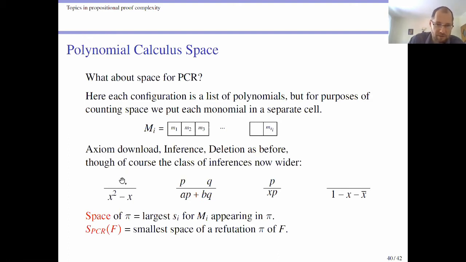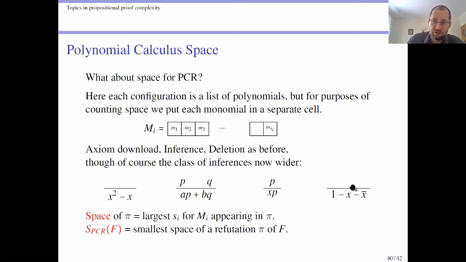But for relatively weak systems beyond resolution, like polynomial calculus or PCR, which is polynomial calculus with resolution, just to remind you, this is the system that operates with polynomial equations over a certain field. The lines are polynomials, and we take them to mean that the polynomial is 0. And you can add two polynomials, or take any linear combination of two polynomials that preserves being 0, and of course multiply a polynomial by any variable. You assume as an axiom Booleanity of the variables, so x squared minus x is assumed to be 0 for any variable.